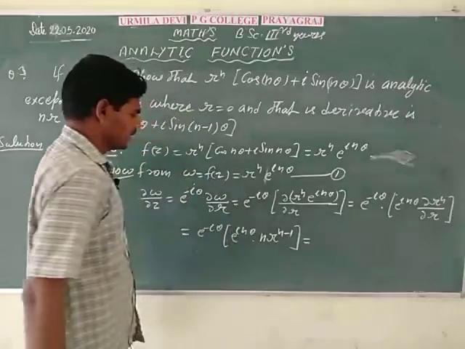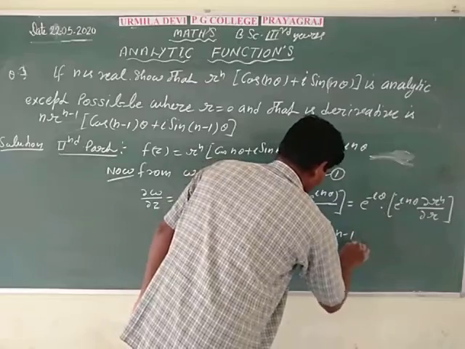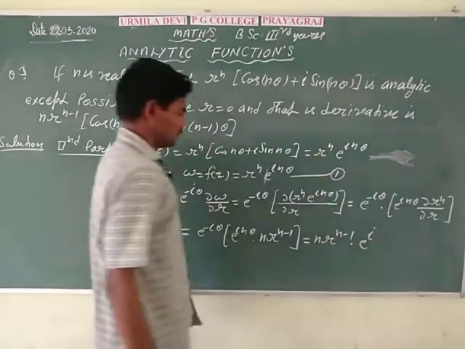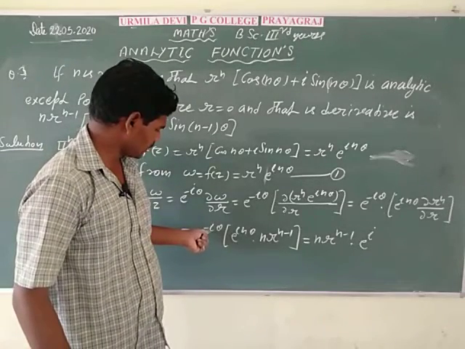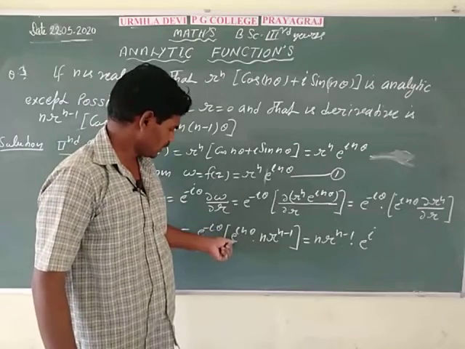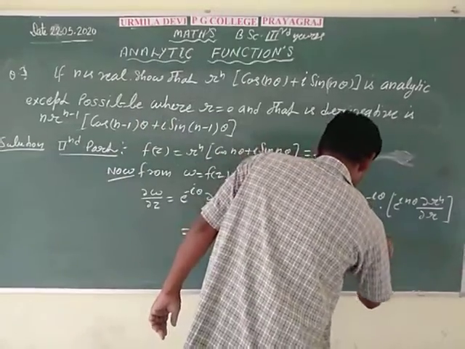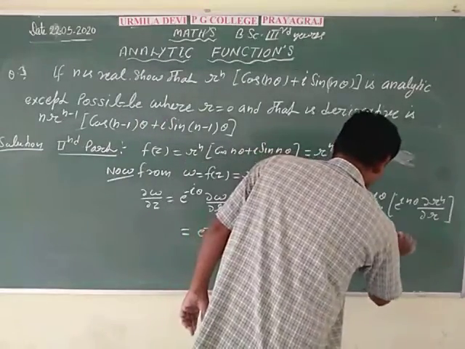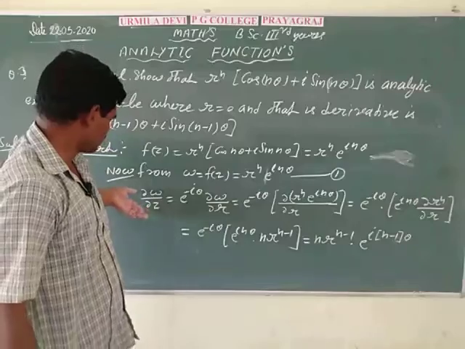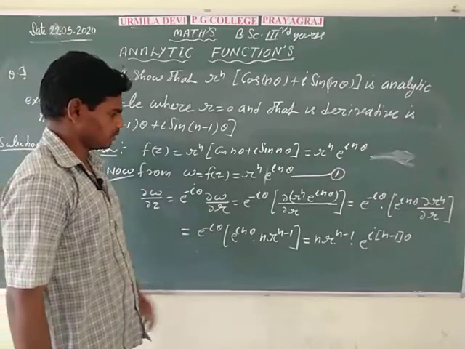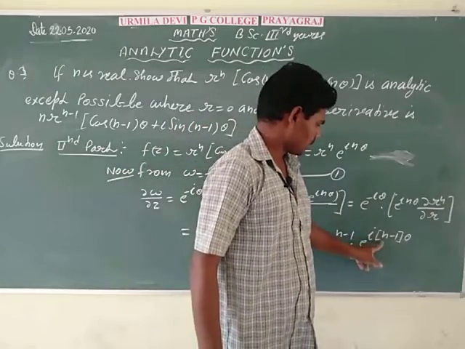Simplifying, it is equal to n times r to the power n minus 1 into e to the power minus i theta into e to the power i n theta. Taking the powers in one bracket, we write (n minus 1) theta. So the differentiation of the given function w with respect to z is equal to n times r to the power n minus 1 e to the power i times (n minus 1) theta.